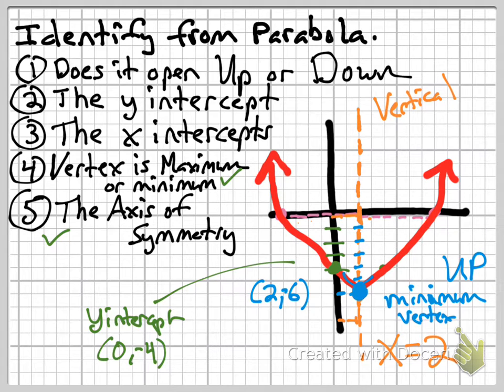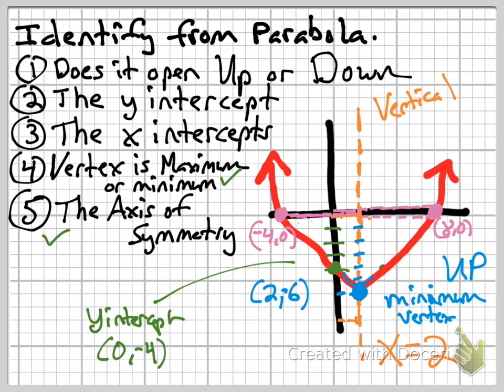The X-intercepts. If you're looking for the X-intercepts, remember that's what crosses the x-axis. So here we have 1, 2, 3, 4, 5, 6, 7, 8. So this is (8, 0), and this one is going to be 1, 2, 3, 4, and that's going to be (-4, 0).